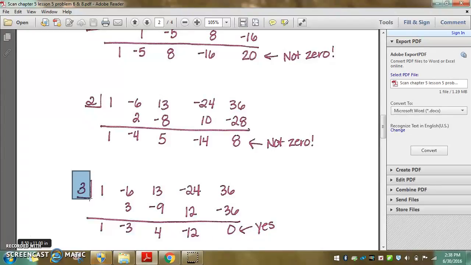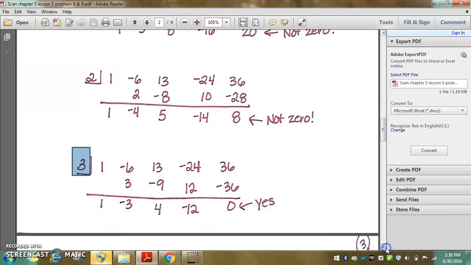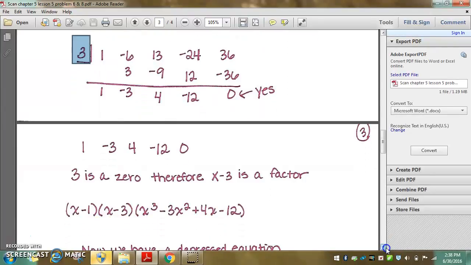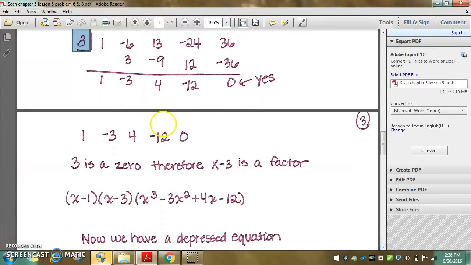So if 3 is a real 0 of our function, we can now find a factor of our function. We're going to have a factor of our function at x minus 3. I just copied these down because I wasn't sure how my pages were going to go, but they're going just fine. So sorry for the confusion. I just rewrote this here. So 3 is a 0, therefore x minus 3 is a factor.